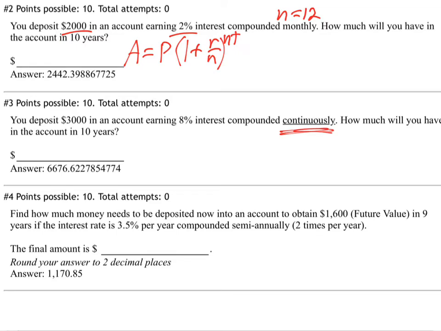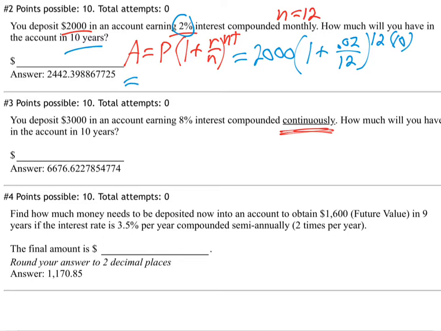Okay, so this is going to be P. The principal is $2,000. The interest rate is 2%. The N is 12, because monthly is 12 times a year. 12 times T, how many years? 10 years. So, let's bring that down here and simplify a little bit. It's going to be 2,000 times 1 plus 0.02 over 12.